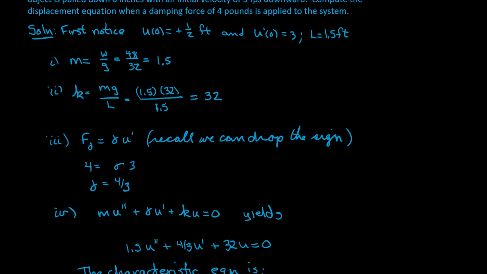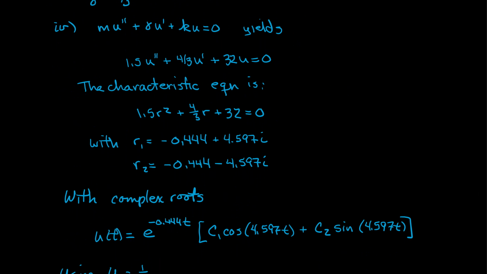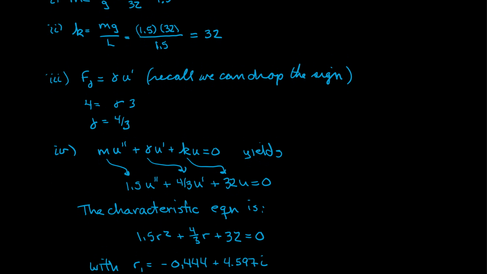We have 4 is equal to gamma times 3, or gamma is equal to 4/3. Now that we have m, gamma, and k all computed, we can substitute these into our second order linear homogeneous equation. M is the 1.5, gamma is the 4/3, k is the 32, okay? K being right up here at the top of the screen.